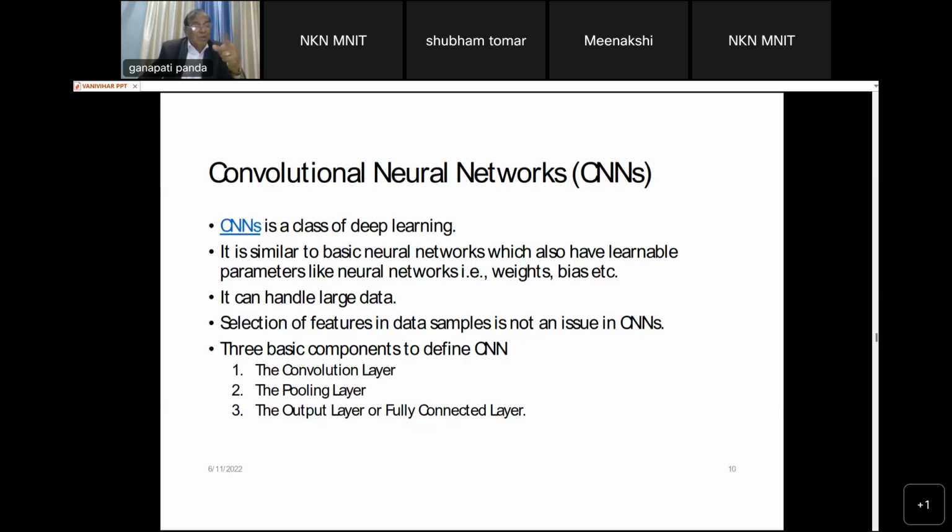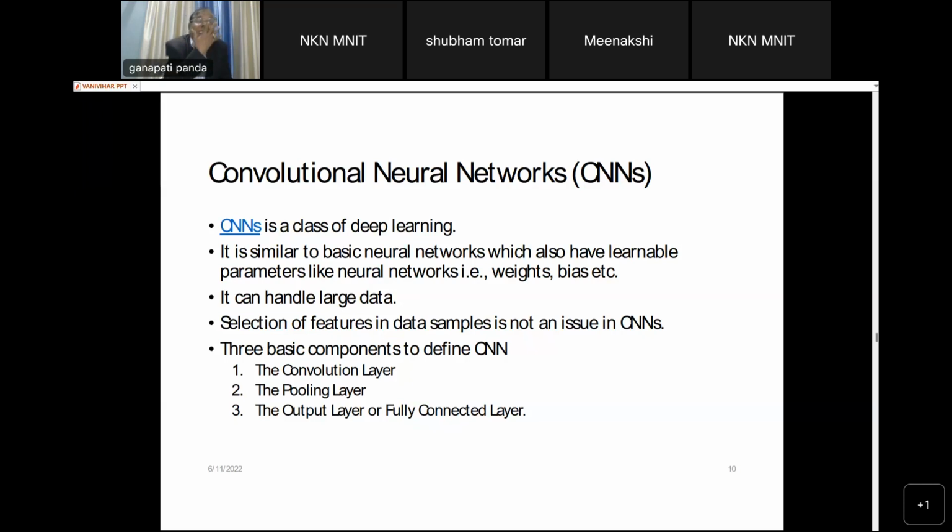You divide the whole picture into small squares. In each square, find the highest value, retain it, and discard the other values. This way, there is a dimensionality reduction. Pooling tries to reduce the dimension and make the operation faster, but the accuracy goes down.